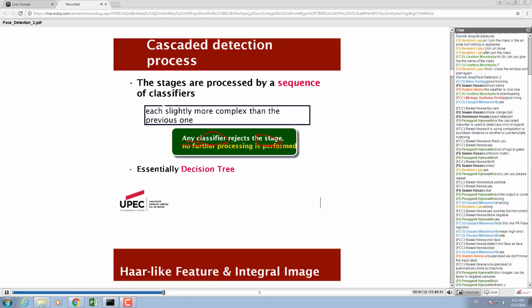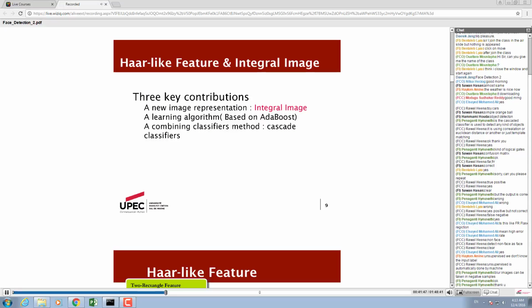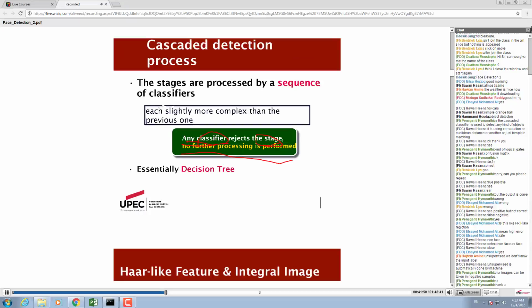If at any stage the corresponding classifier rejects, saying this is not a face, then we don't need to go further. We don't need to go to the next stage. This is how the cascade classifier is designed, and in this way we can increase the speed and efficiency of the classification. Let's discuss the details later. Anyway, this is the main purpose of the cascaded classifier system.